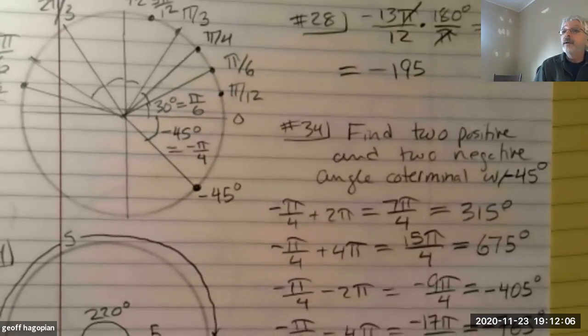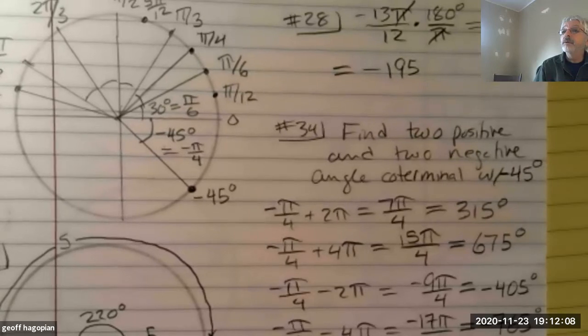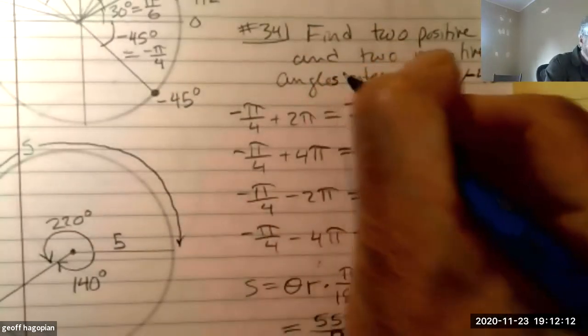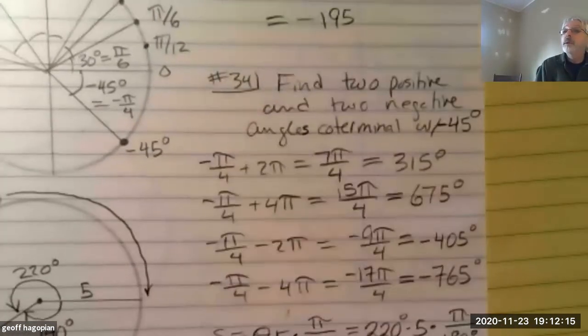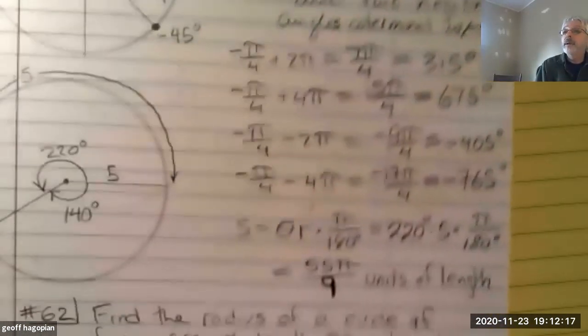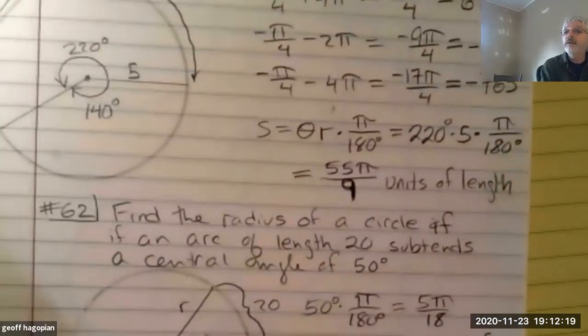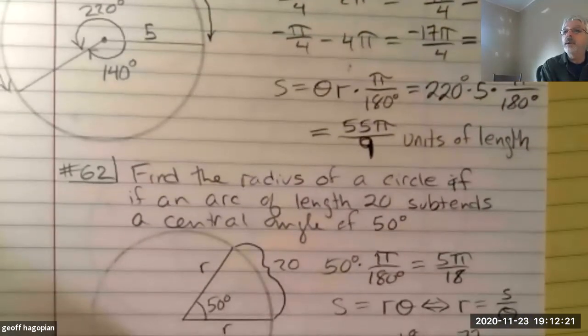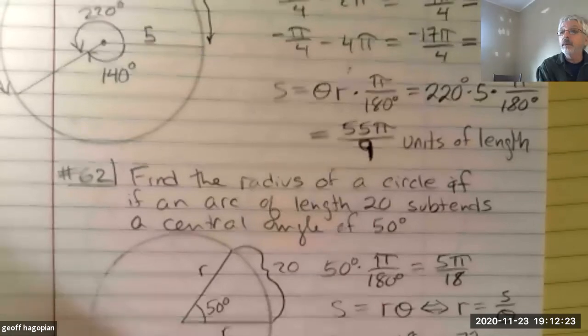We'll find 2 positive and 2 negative angles coterminal with negative 45 degrees. We did that. And find the radius of the circle if an arc of length 20 subtends a central angle of 50 degrees. We did that.